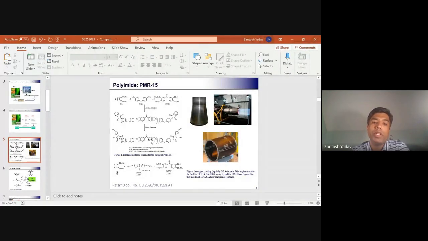That's called PMR15 polymer. But the problem with this process is that this MDA amine is highly carcinogenic. So it's a health concern and an environmental concern too.